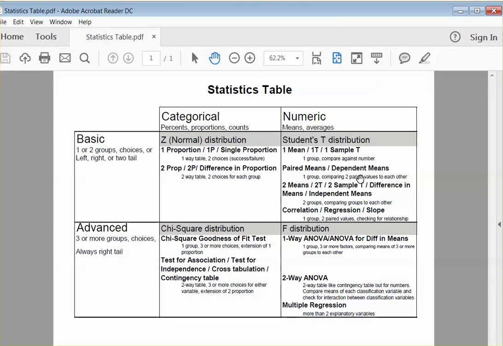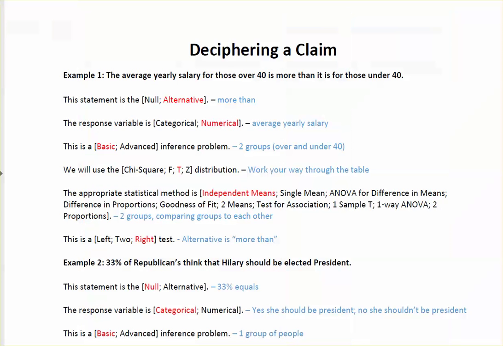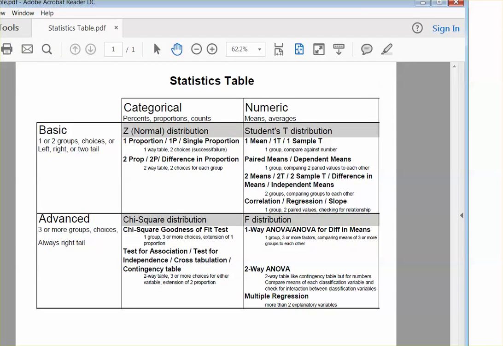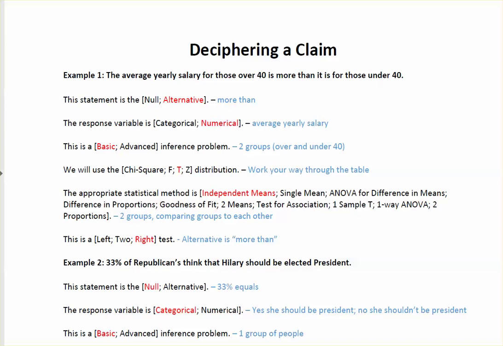We know there are two groups, so it wouldn't be this one, wouldn't be this one. We're comparing the two groups to each other, over 40 and under 40, and their yearly salary. This is where you just look for independent means, difference in means. It could be listed as any of these different things, but in this case, it's the independent means.